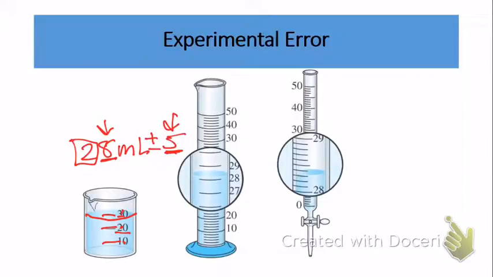So what does this really tell us then, if it's plus or minus 5? Well, it means that my volume could be literally 28 plus 5, or it can be 28 minus 5. So in reality, this beaker has a fairly large range of random error.